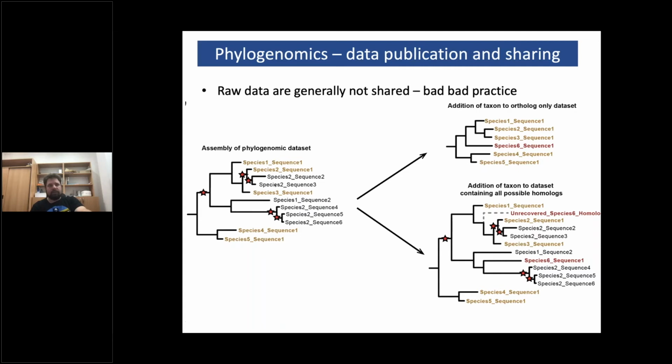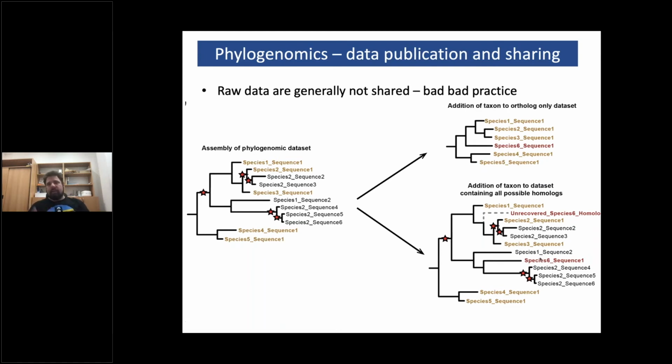So we select these sequences that are marked in bold. And imagine I just shared this with someone, and someone else wants to add his own data to this data set, the species 6. And he gets a nice sequence, only one, it branches here, it all looks correct. So he goes ahead. But if he were to add it to this version of the tree, where we have all the orthologs included, he might find out that species 6 actually branches within this paralog that we don't want to include, right?